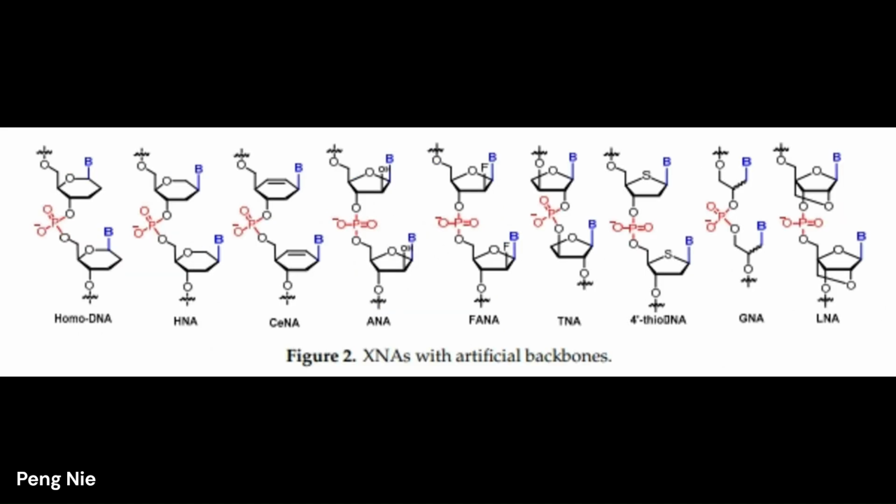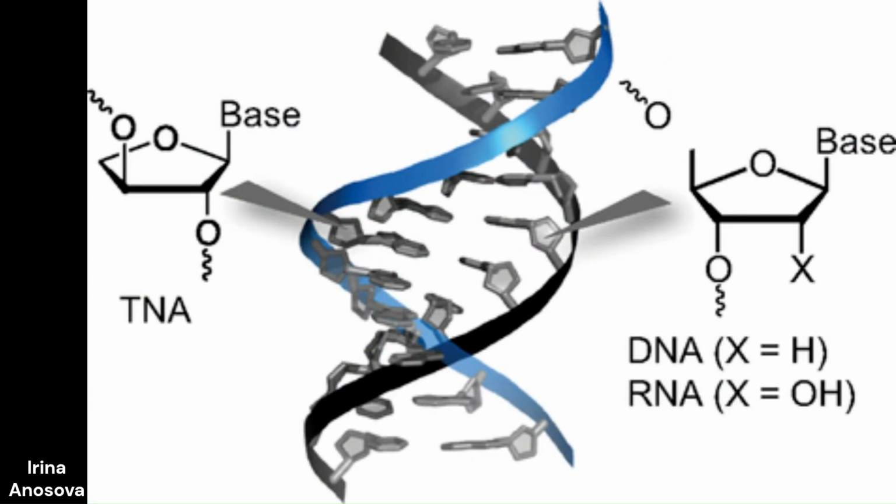Some of these include locked nucleic acids, LNAs, hexitol nucleic acids, HNAs, threose nucleic acids, TNAs, arabinonucleic acids, ANAs, cyclohexanyl nucleic acids, CeNAs, 2-fluoroarabinonucleic acids, FANAs, and homo-DNA. All of these will base pair with a single-stranded DNA segment except homo-DNA, because its molecular geometry is more similar to a ladder versus a helix, although most XNAs can't complementarily base pair with a strand of DNA.